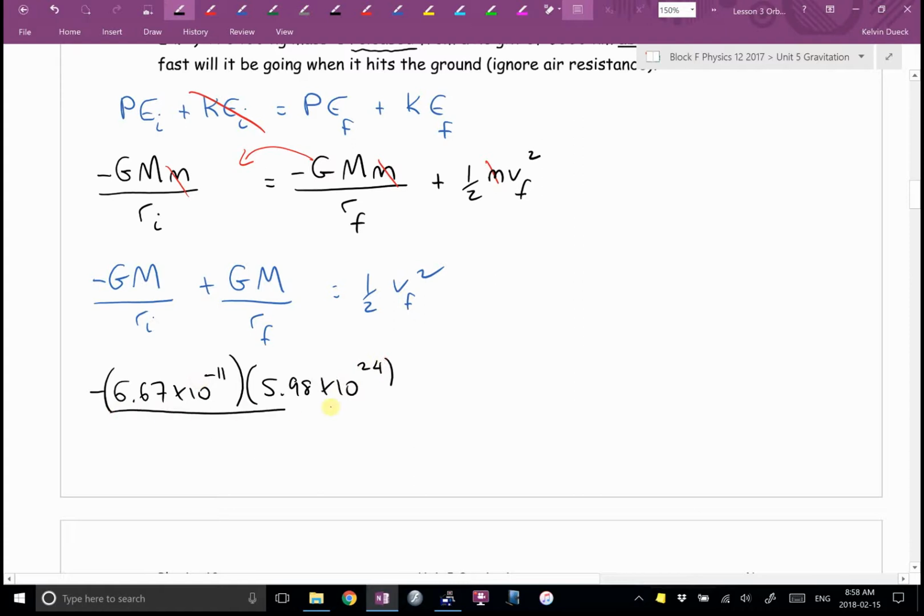Now, what's our initial radius? That's 6,300 kilometers. Was that a radius or an altitude? So my initial radius is going to be 6.3 times 10 to the 6th plus the radius of the Earth. Stop writing once you've written that.